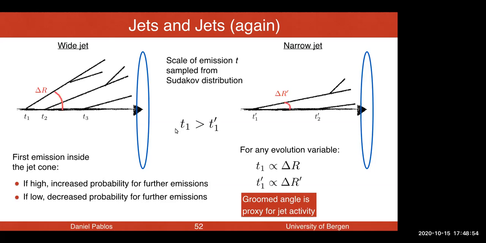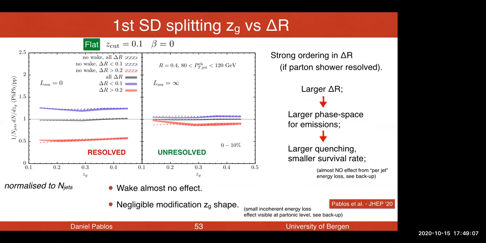So by looking at this groomed angle, this angular separation between these two clustering steps, we are really accessing the jet activity. That's why we get what we get only if the medium resolves the shower.